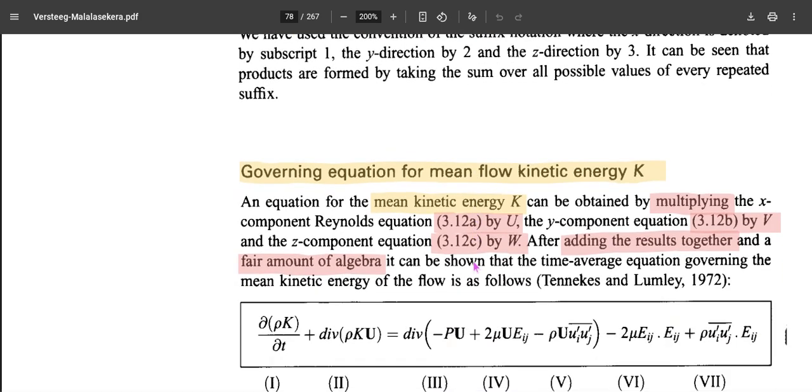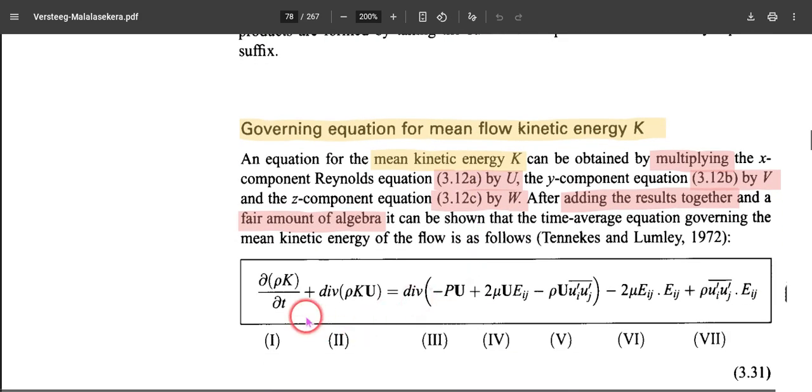First, we derive the equation for the mean kinetic energy. In the previous video we saw how to derive the Reynolds equations. Those equations are expressed in 3.12a, 3.12b, 3.12c: a for the x component, b for the y component, and c for the z component.